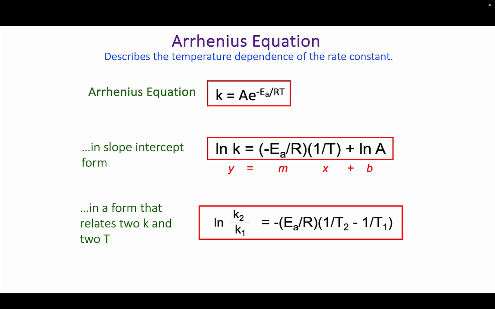And this final form is probably the most useful for textbook equations because it relates the rate constant at multiple different temperatures. Simultaneously, it also shows that if we know the rate constant at multiple temperatures, we can get the activation energy.